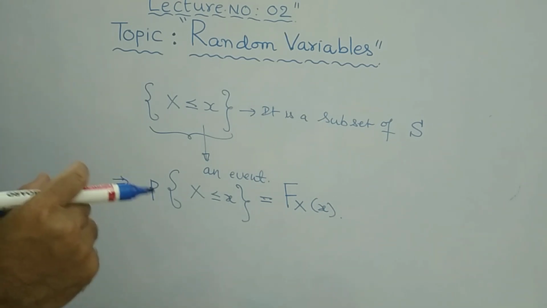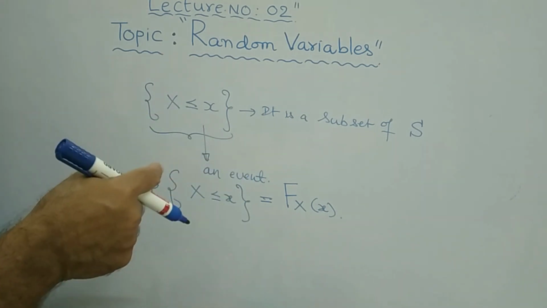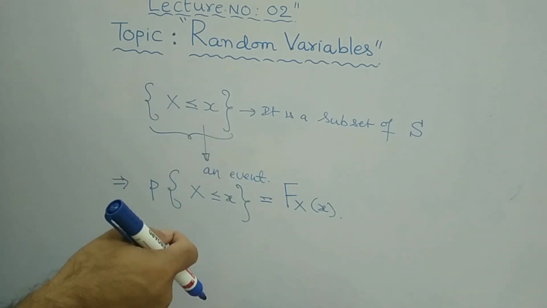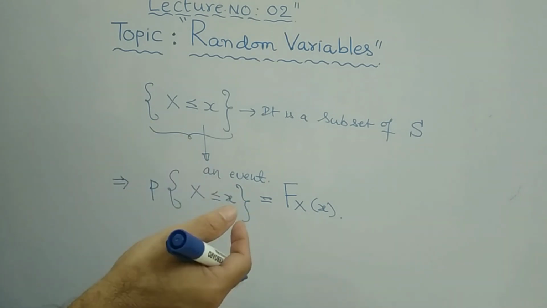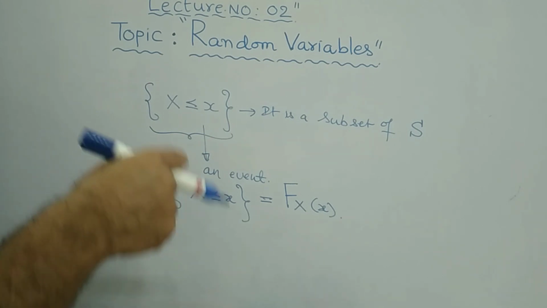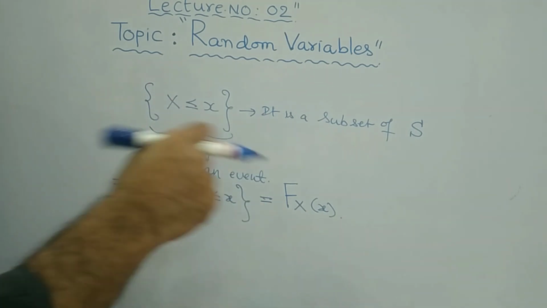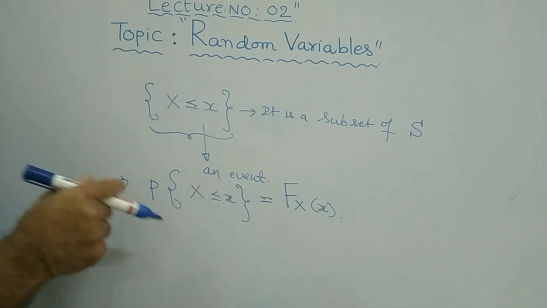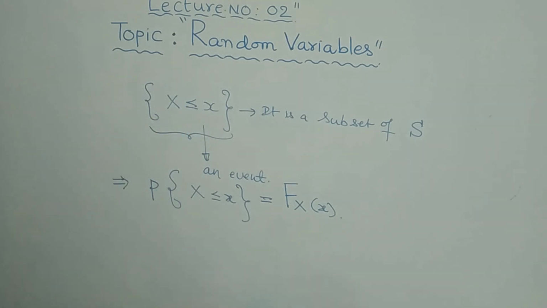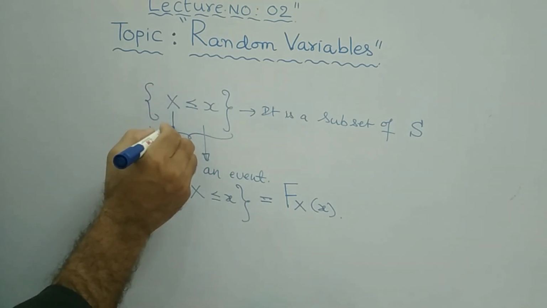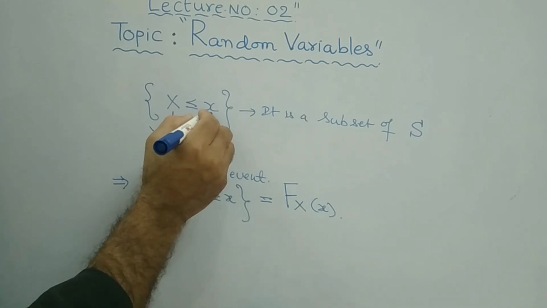So the sample space contains how many possible values? It depends on the experiment, on the possible outcome values, right? I am relating these two with a function. That function is a random variable. Clear? And now I am defining a subset: this is my random variable, and this is a real number.